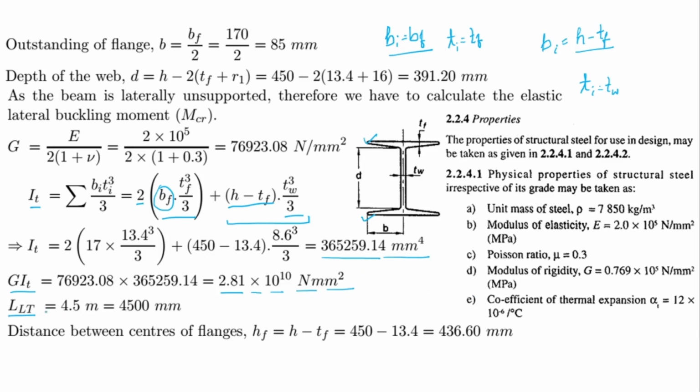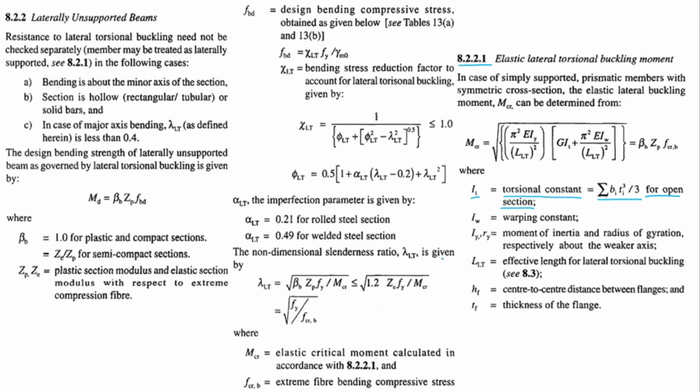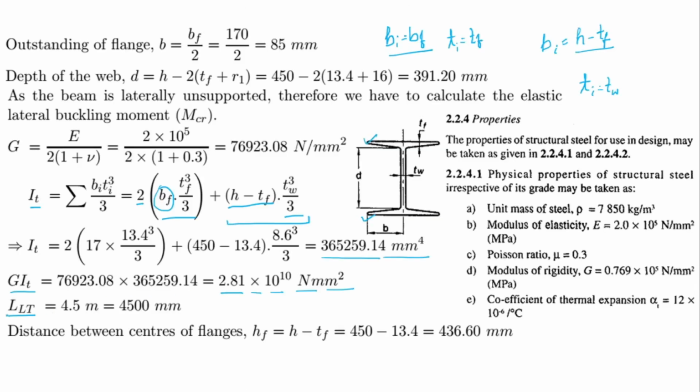Now LT, if you see the definition given in clause 8.2.2.1, LT is the effective length for lateral torsional buckling. So in this case, it will be the span of the beam, which is 4.5 meter or 4500 mm.